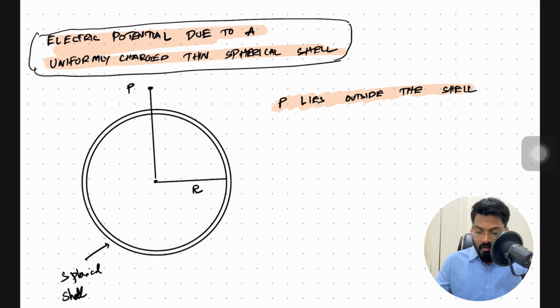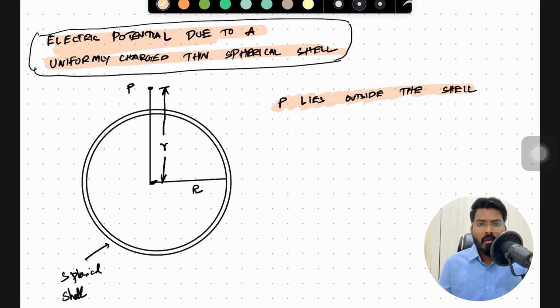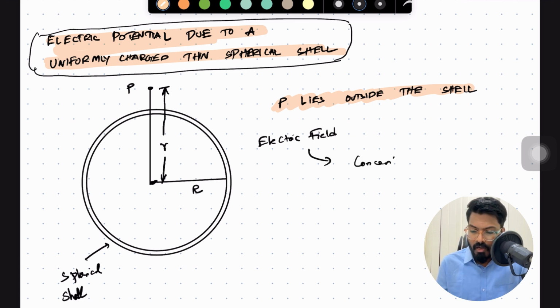Now I'm drawing a line from this point. This is the line. Now this distance is r. Firstly we should know that the electric field acts as if it is concentrated at the center of the sphere.